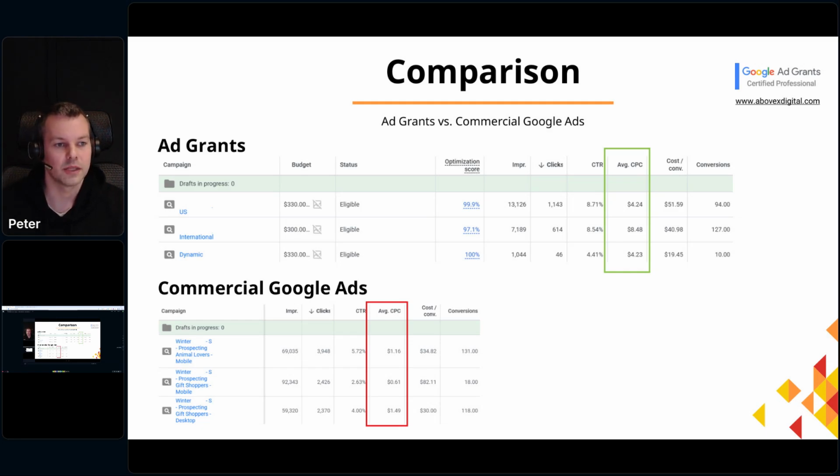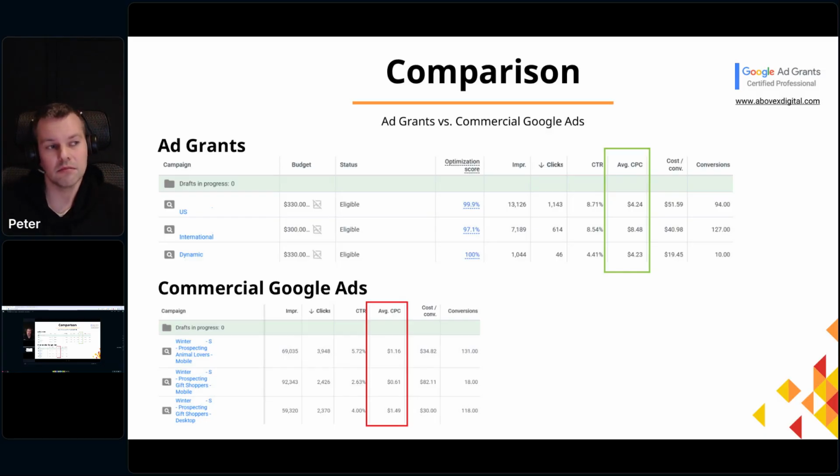And you can see that cost per click in grant accounts, they vary from $4 to $8. Okay, and in the commercial account, it's between 60 cents and $1.5 a click. Okay, so the difference could be easily 3, 4, even more times, right?